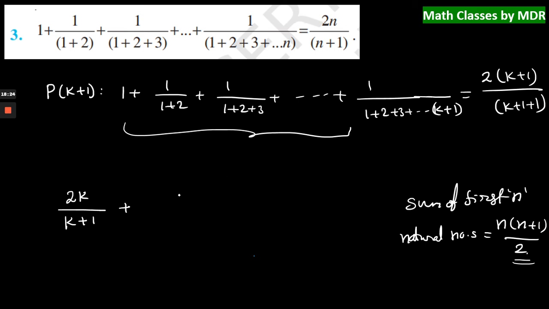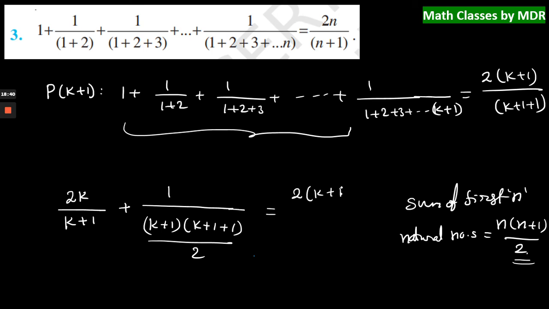So what about the sum of the first k plus 1 natural numbers? That will be k plus 1 into k plus 2 by 2, wherever you have n, just write it as k plus 1. So the term is 2 into 1 by k plus 1 into k plus 2. We have to prove this.